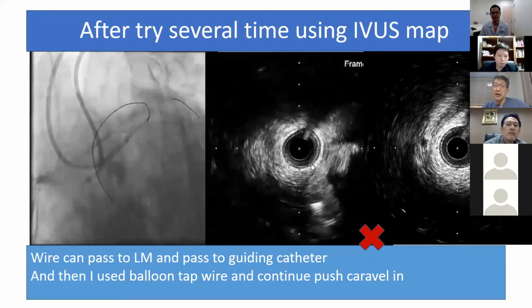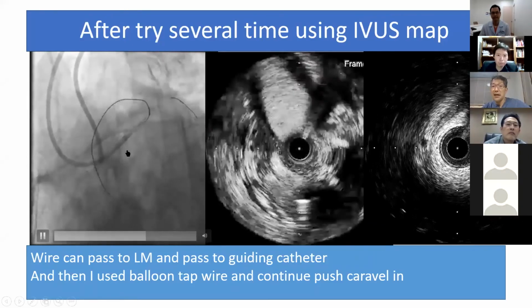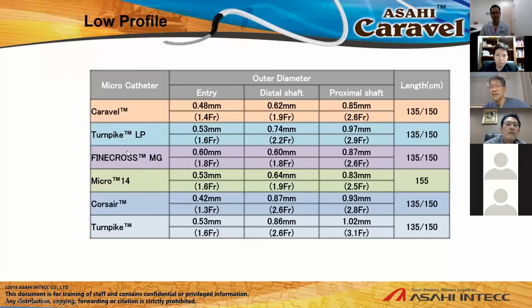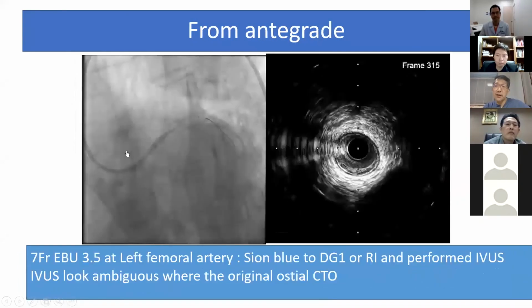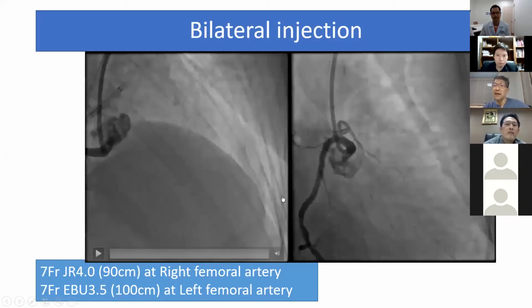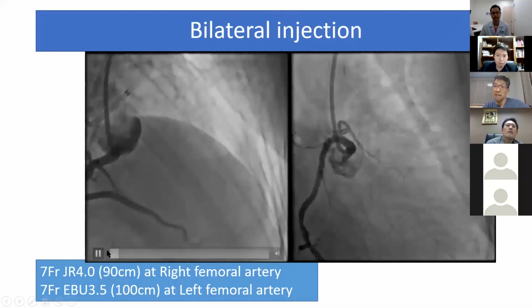In most cases like this, the retrograde guide wire usually migrates into the subintimal space in the left main.